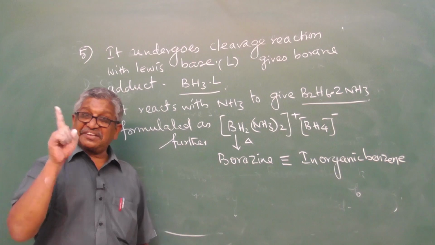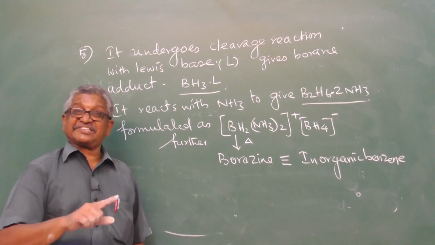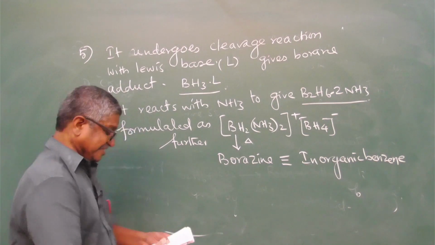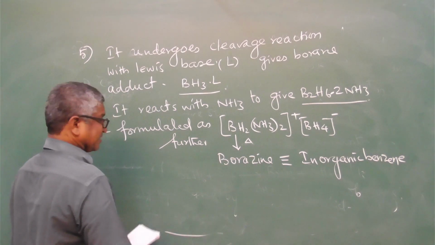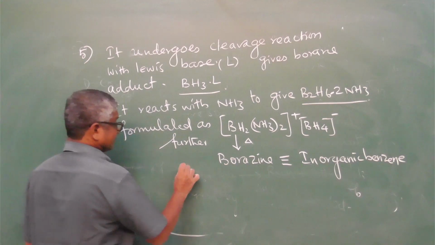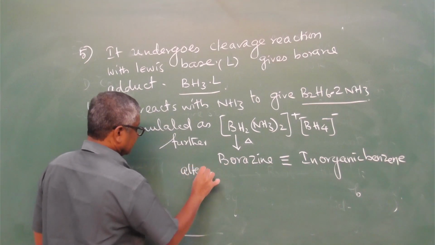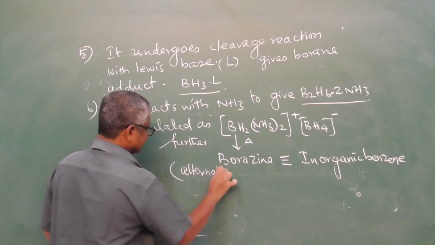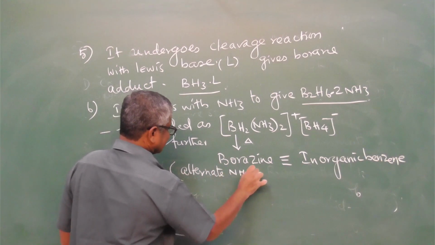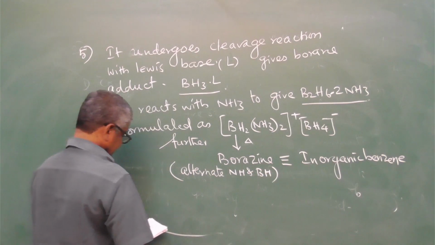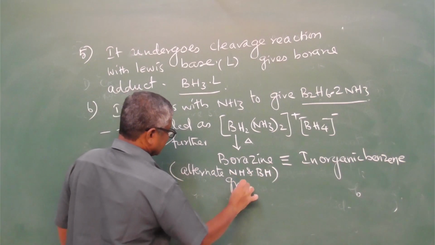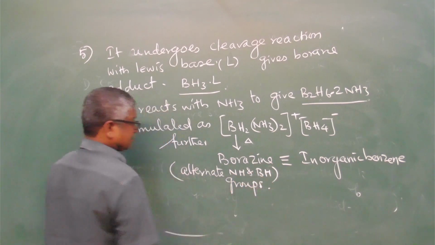It has a similar structure to benzene with alternate NH and BH groups.